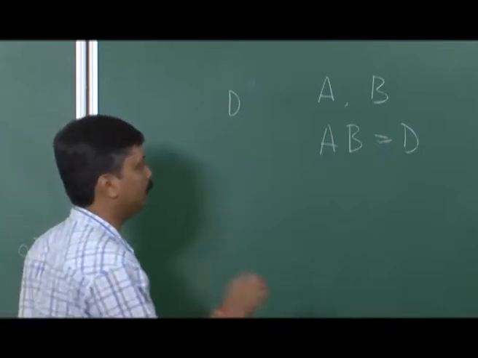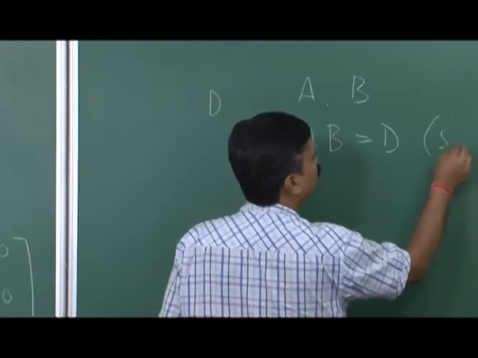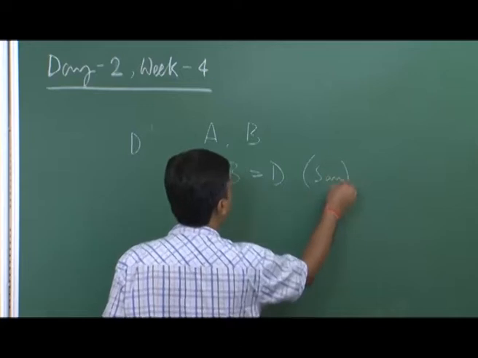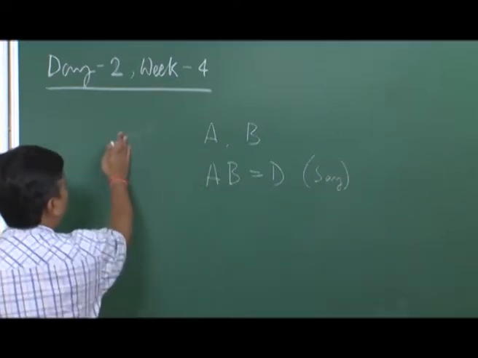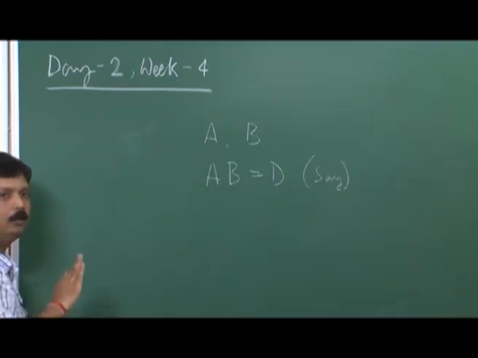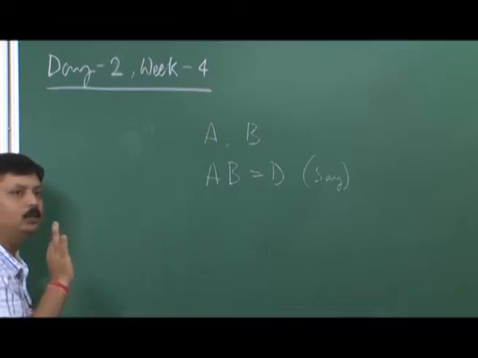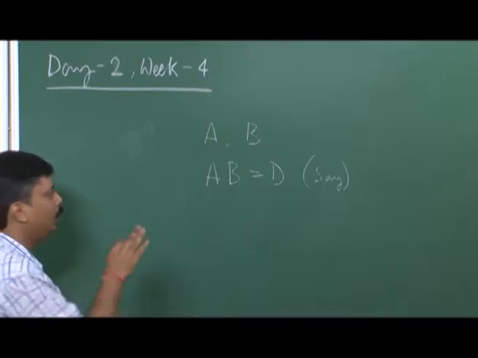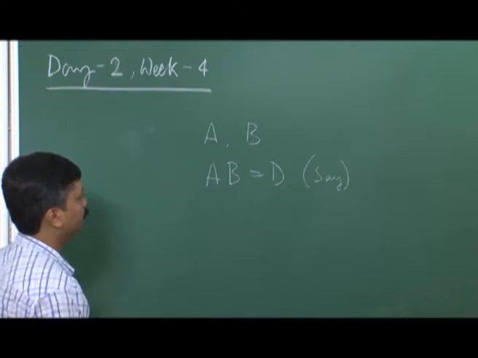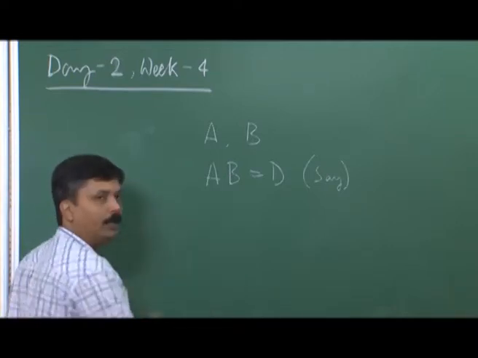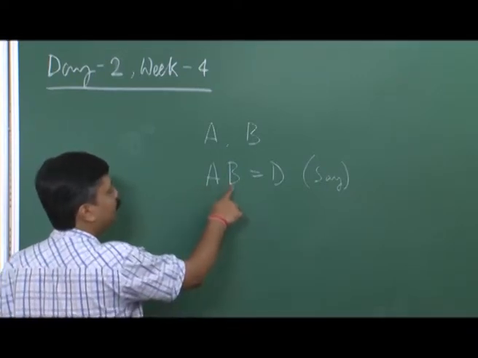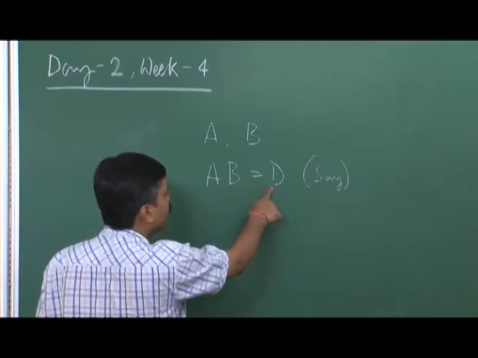Suppose I have this condition. Now I use this D to do the similarity transformation on this product. Okay. So if A and B are two matrices and D is another matrix.